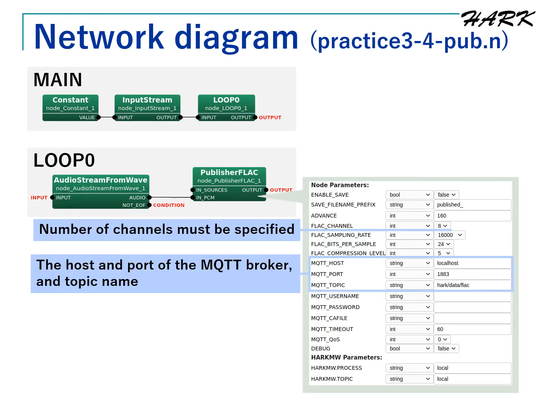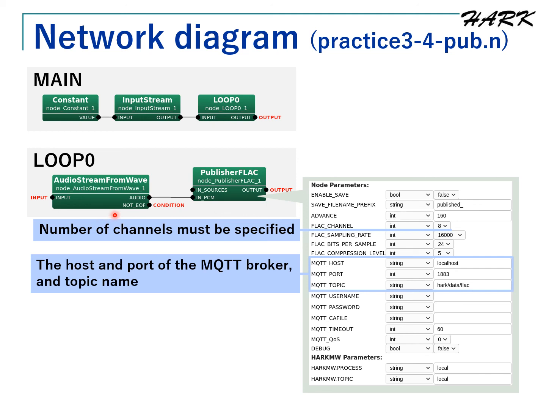And this is the network diagram of the publisher network. This network contains two sheets, main sheet and LOOP0 iterator. LOOP0 has a very simple structure, just the AudioStreamFromWave node and then the PublisherFLAC node.